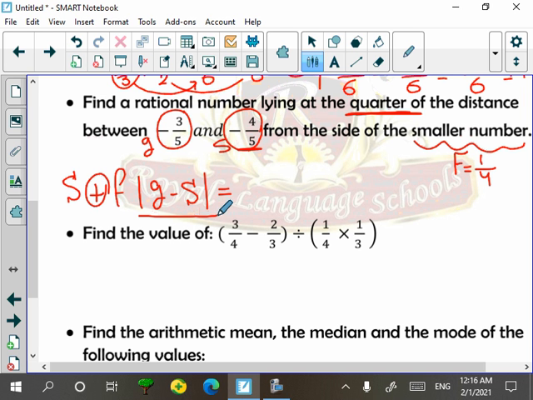Then the answer will be negative 3 over 4.